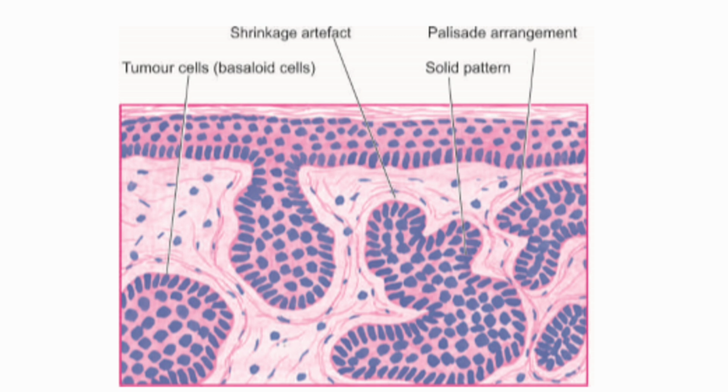Basically, palisading arrangement is a single layer of cells arranged perpendicular to the surface and parallel to each other, and the stroma retracts away, creating clefts or separation artifacts. So this is the palisading arrangement, and this is the cleft or shrinkage artifact or separation artifact.